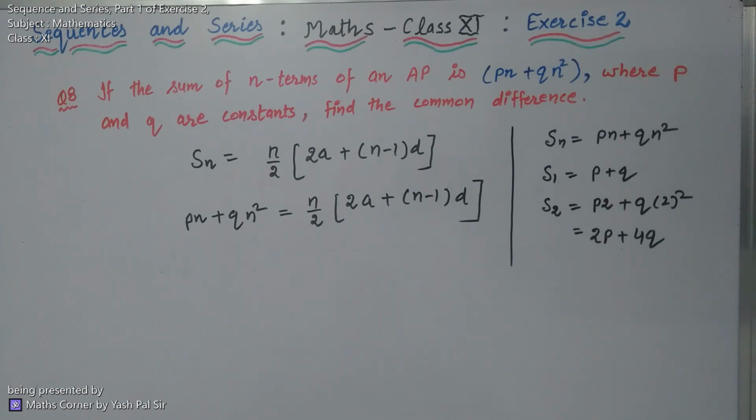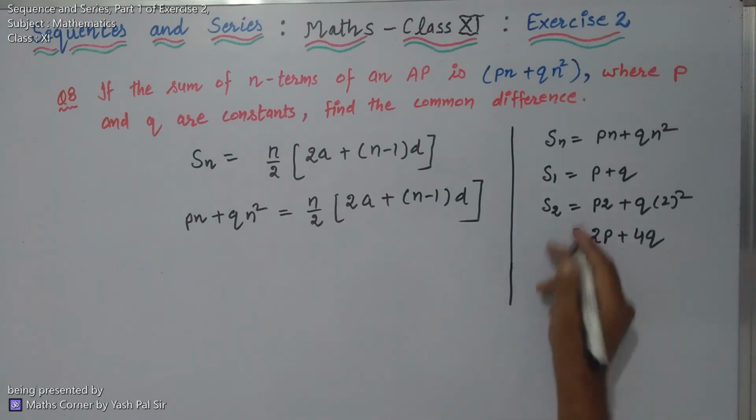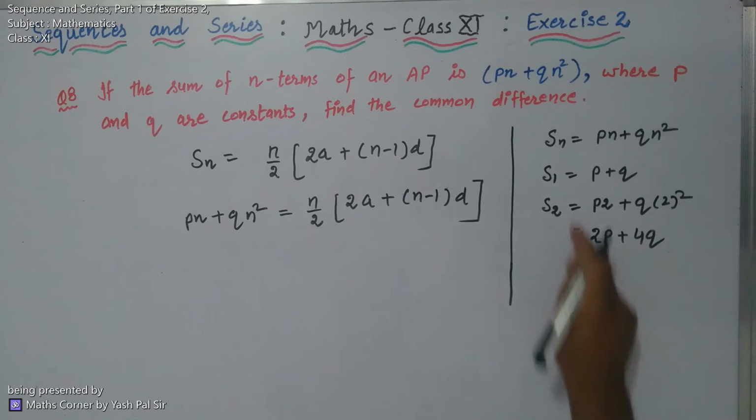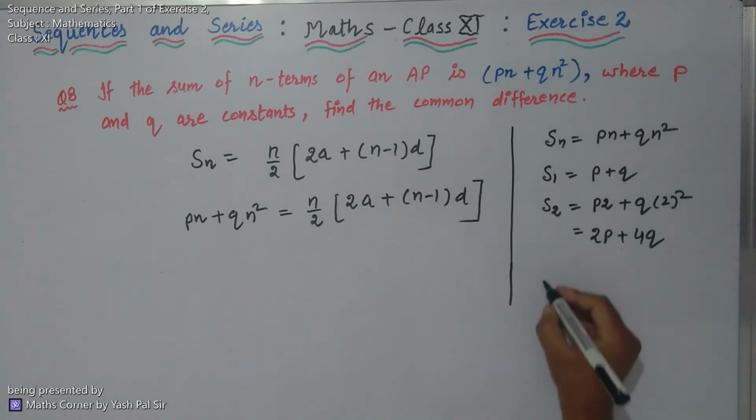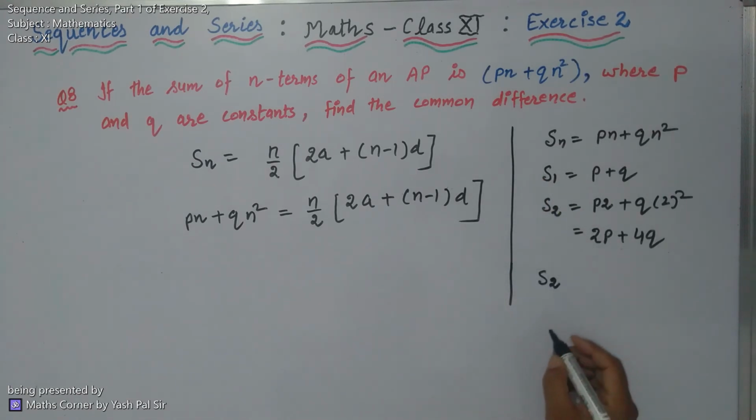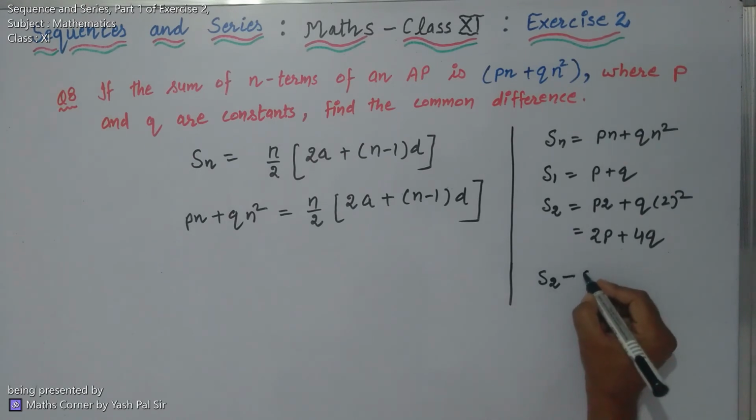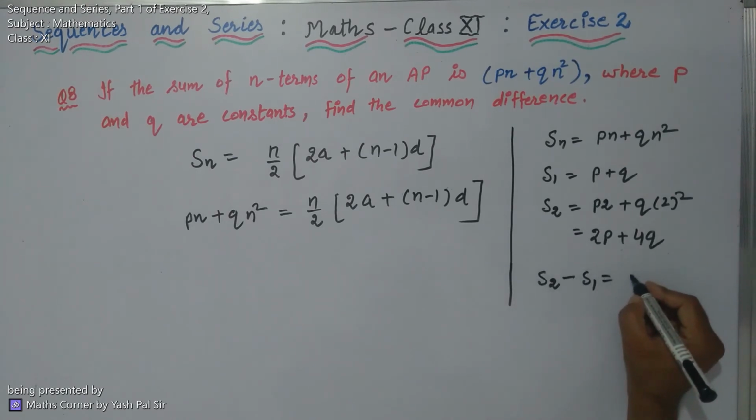Right? Now what is the meaning of S1? S1 is called the first term. Now S2, sum of two terms minus sum of first term, that is called second term.